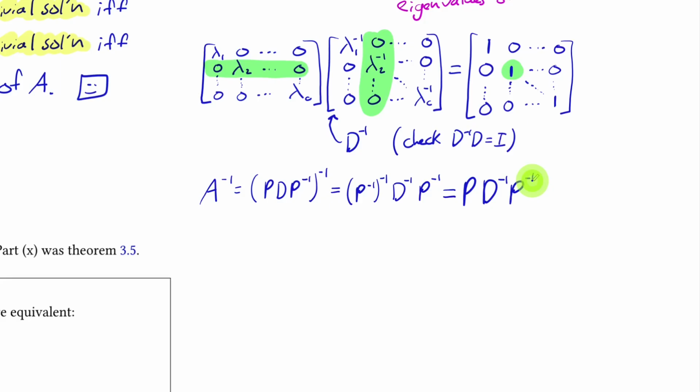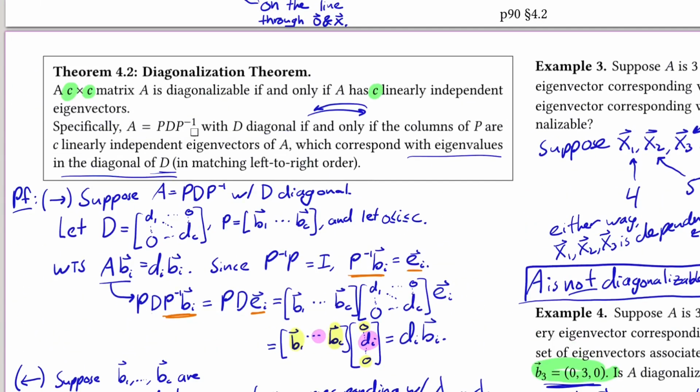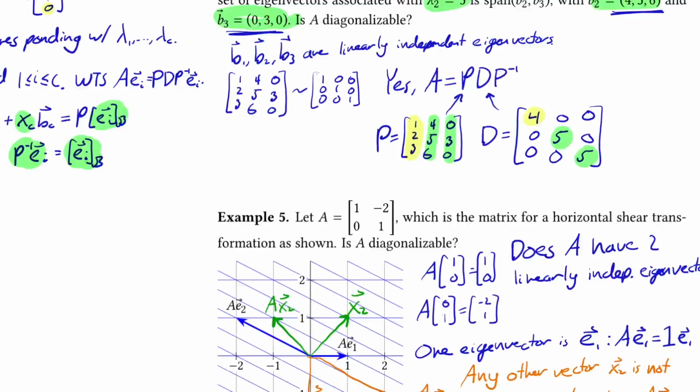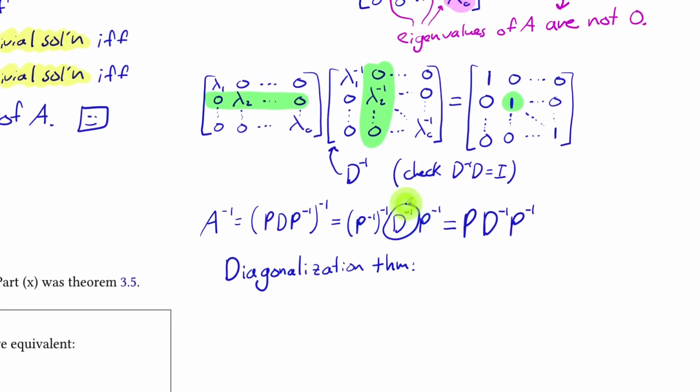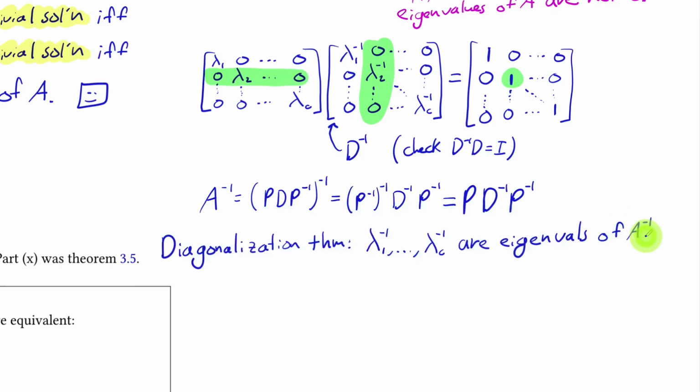Well, the diagonalization theorem now applies to A inverse as well. Because A inverse is now written as this invertible P times a diagonal matrix times P inverse, the entries in the diagonal of D inverse are the eigenvalues of A inverse. And also, the columns of P are eigenvectors of A inverse.